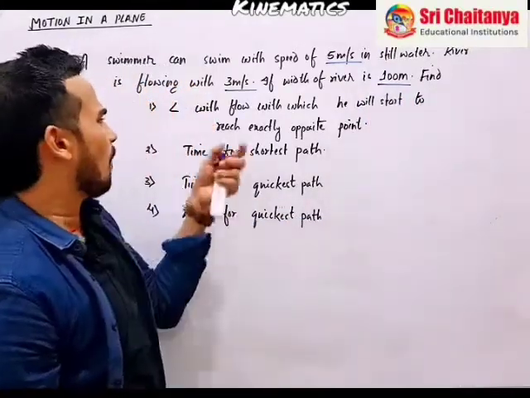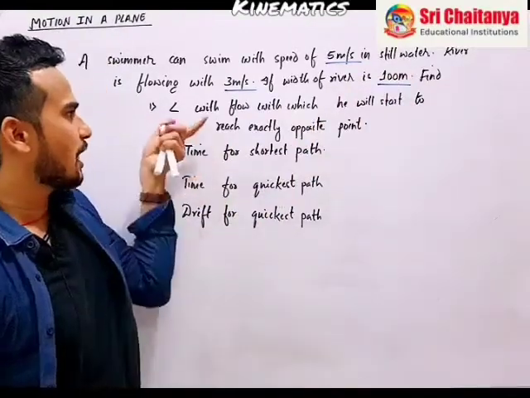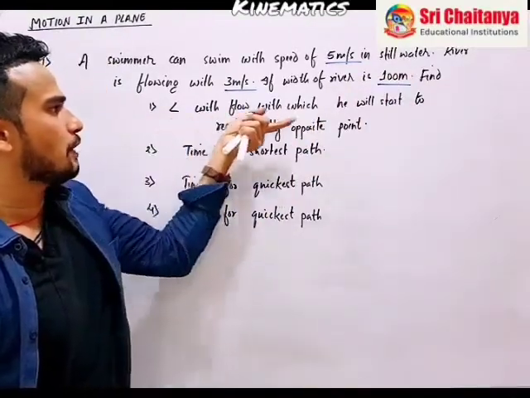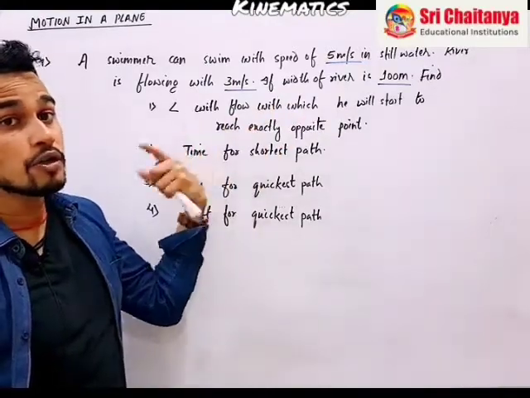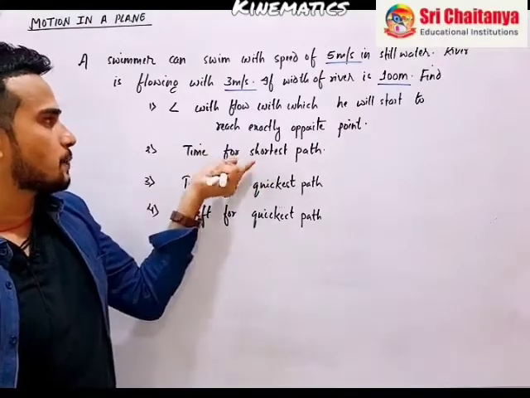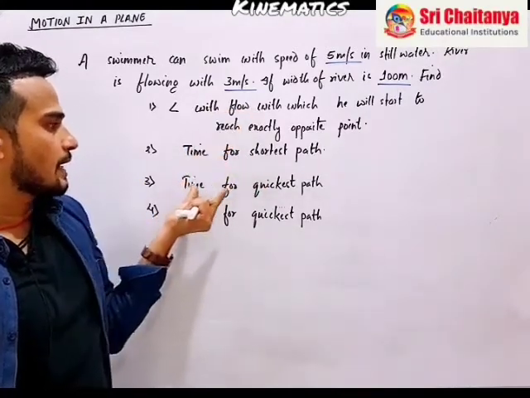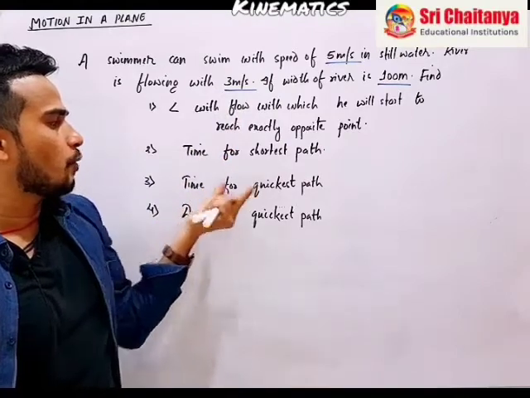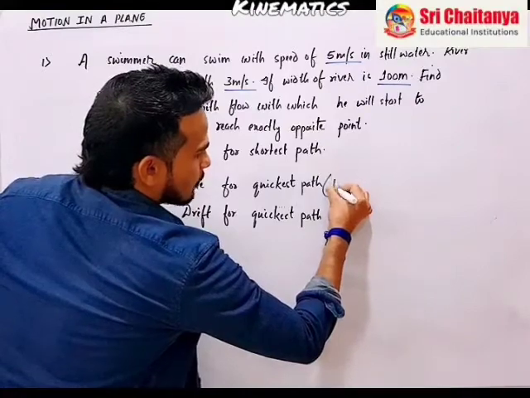They are asking all the possible questions. First situation, they are asking the angle with the flow with which he will start to reach exactly the opposite point, meaning shortest path, and the time for the shortest path. Then they are asking what will be the time for the quickest path, which also means minimum possible time.